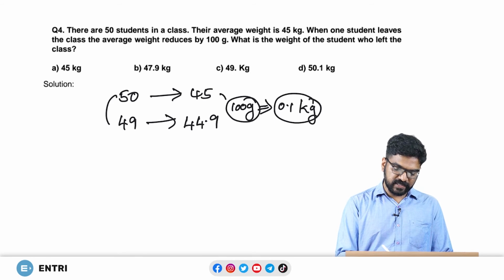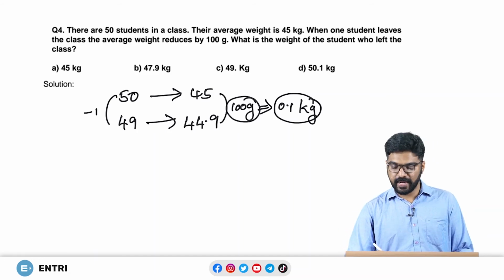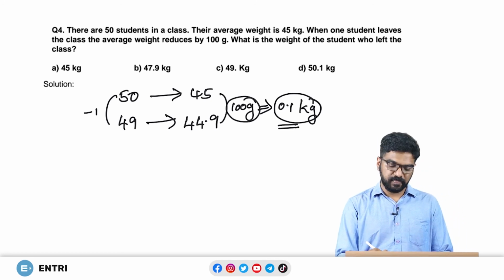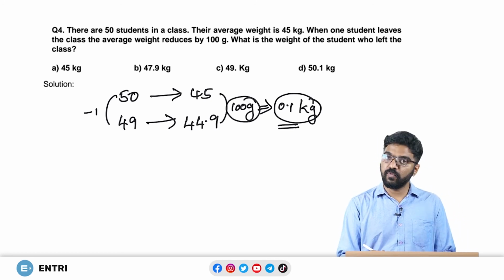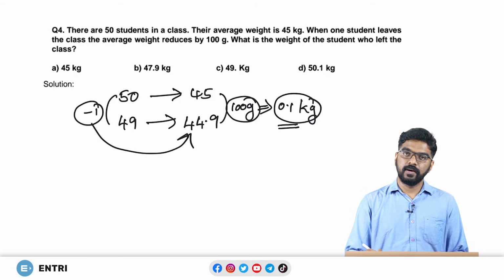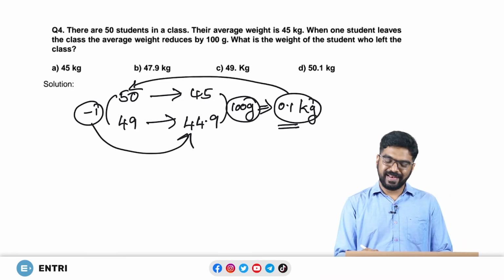So let's take the differences now. 50 became 49, so there is a decrease of -1. 45 became 44.9, so there is a decrease of 0.1 kilogram. What we have to do here is multiply this value with the bottom right value and this value with the top left value.